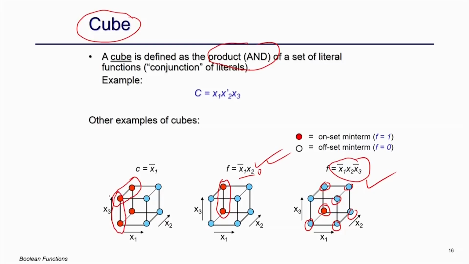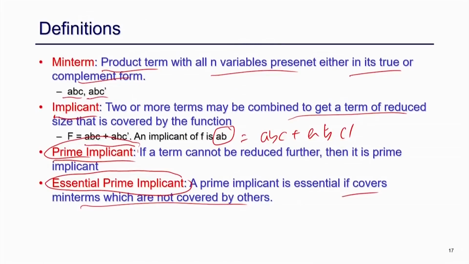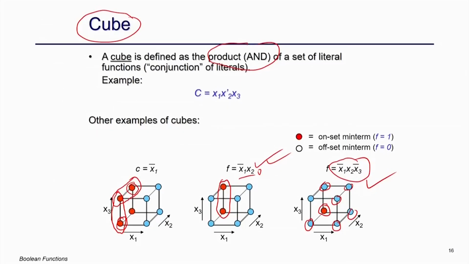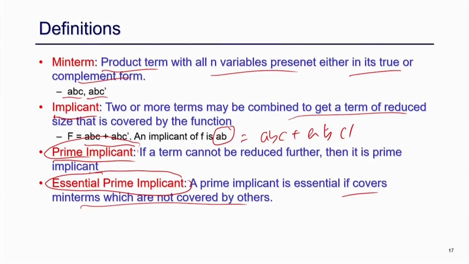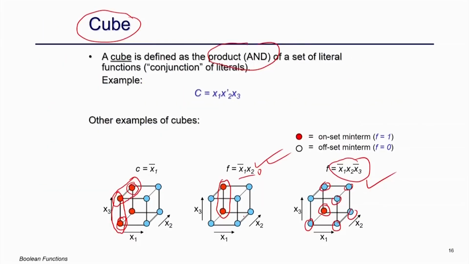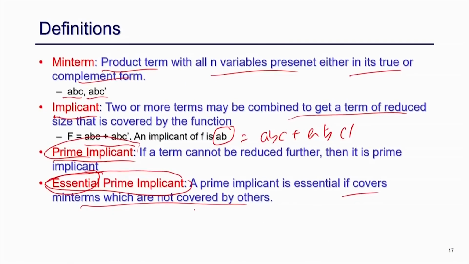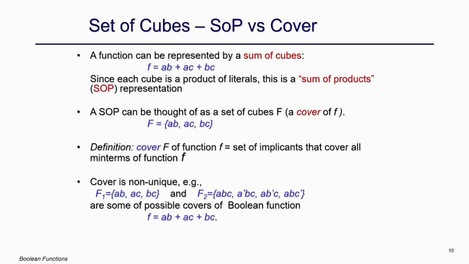Now these two are essential implicants because they are covering some min term which is not covered by any other implicant. And since this one is not prime, because I can have a bigger implicant there, but it is essential in the sense that it covers some min term which is not covered by somebody else. That is what is called an essential prime implicant.